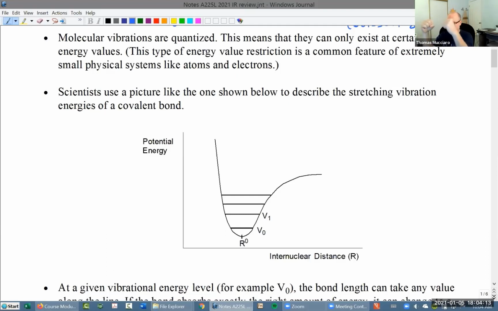Like, how long does it take to go from smallest to biggest and back to smallest? We call that the frequency. We're going to talk about frequency again in a little bit. But the faster the frequency, the more energetic the vibration. Does that make sense?